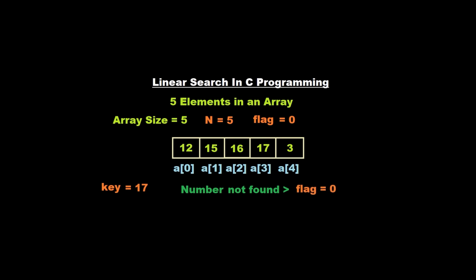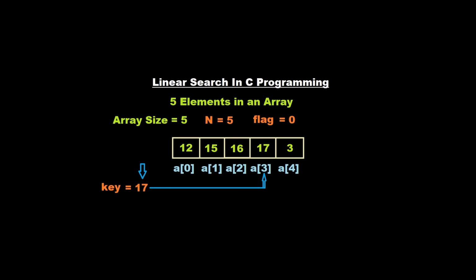So the key value will be compared to all the elements in the array. First of all, key will be compared with a of 0, then a of 1, then a of 2. And as you can see here, the key is 17 and it is equal to the element a of 3 in our case.